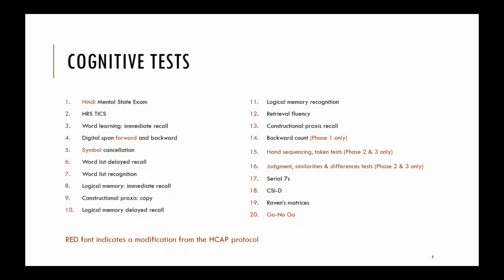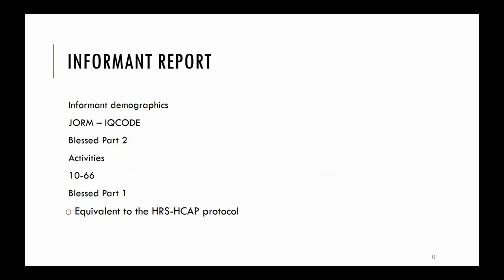We introduced the go-no-go test as an attention test, but we dropped the backward counting test because that test was not very practical because of the high innumeracy rate in the country. And the HCAP study administered the digit span backward test only, but we administered both digit span forward and backward.